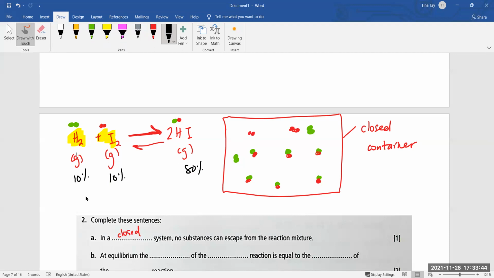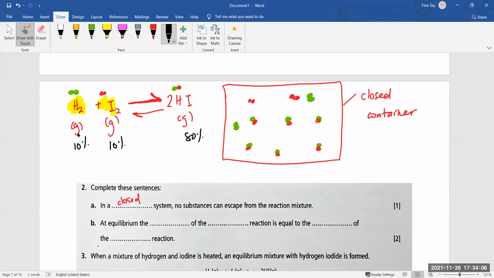They will stay there because the amount of hydrogen and iodine becoming hydrogen iodide is the same as the hydrogen iodide becoming iodine and hydrogen. That means forward and backward reactions both happen, but they happen at the same rate.